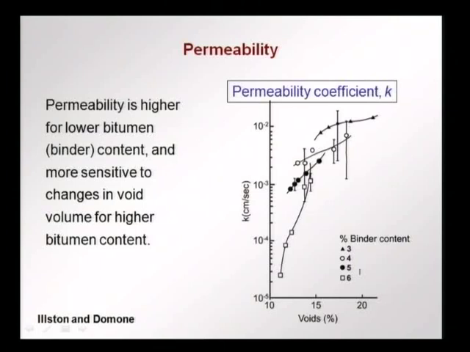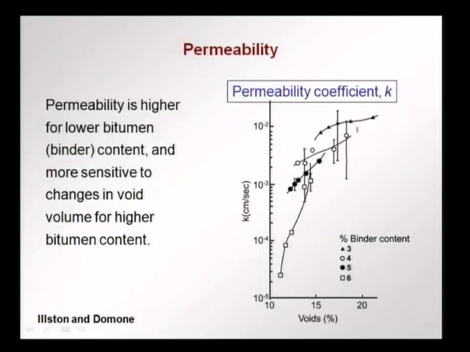We find that generally permeability is higher for lower bitumen or binder content, that is, here we have 3% binder content, then we have 4, 5, 6%, and we find that for 3% binder content the permeability coefficient is much higher than 4 and so on.